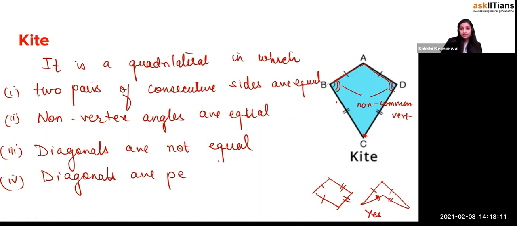That's it. They don't bisect. They're perpendicular, right? So let us suppose I made the kite. This side is equal to this side and this side is equal to this side. So these diagonals are perpendicular to each other, right?